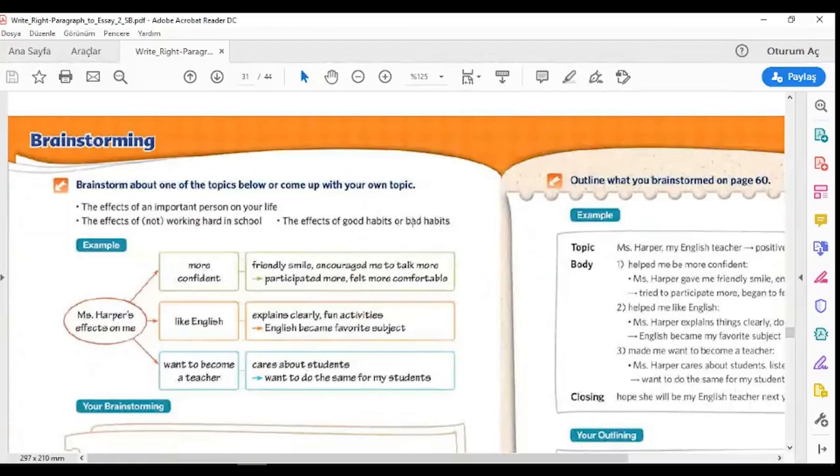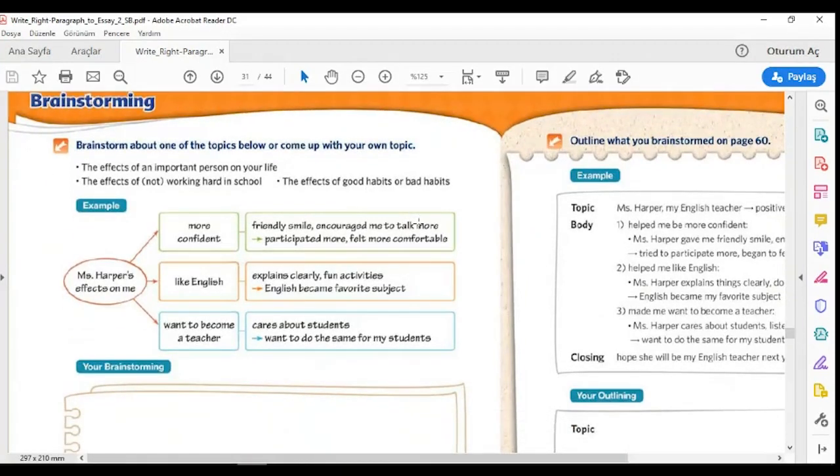Now, this is the start of the paragraph that you will be writing at the end of this unit. The first part is that you will brainstorm about one of the topics below or come up with your own topic. So the three topics that you can choose from, they are the effects of an important person on your life.